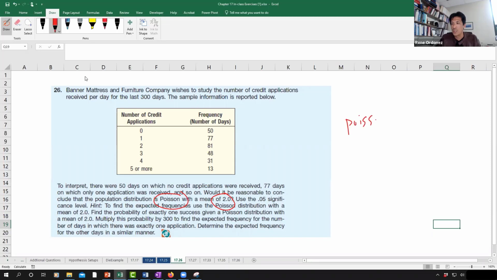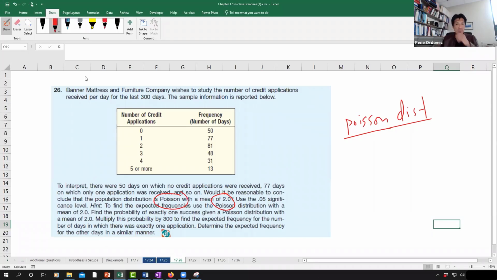The Poisson distribution was one of the distributions we studied, and we said the Poisson distribution is one we use to estimate probabilities of the expected number of occurrences within an interval.